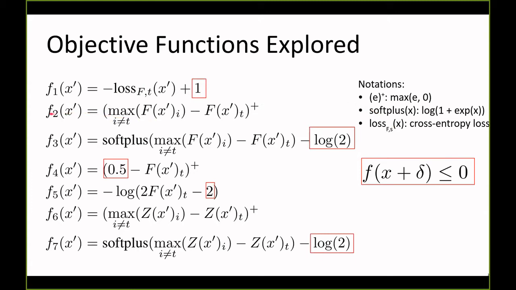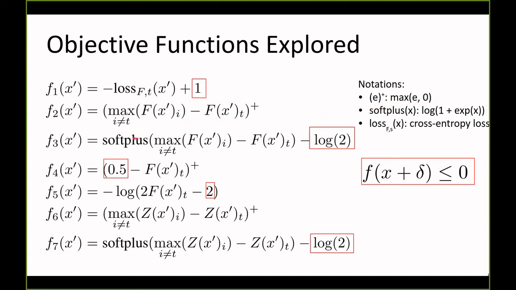Here in F2, it's simply saying the maximum of the untrue classes, so the maximum probability of the untrue classes minus the true class probability. And once this gets large enough, this whole thing becomes 0. This plus is just saying take the max between the value and 0, so it's like a rectified linear unit.